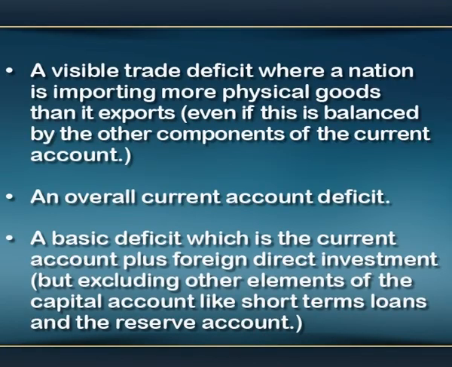The types of deficits that typically raise concern are: a visible trade deficit, where a nation is importing more physical goods than it exports, even if this is balanced by the other components of the current account. Next, an overall current account deficit. Next, a basic deficit, which is current account plus foreign direct investment, but excludes other elements of the capital account like short-term loans and the reserve account.